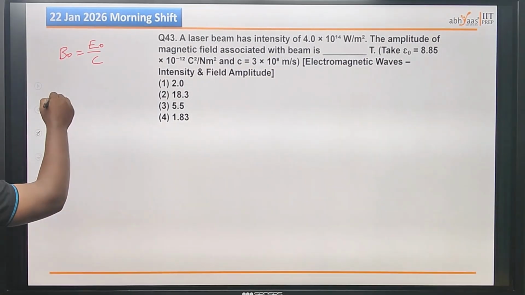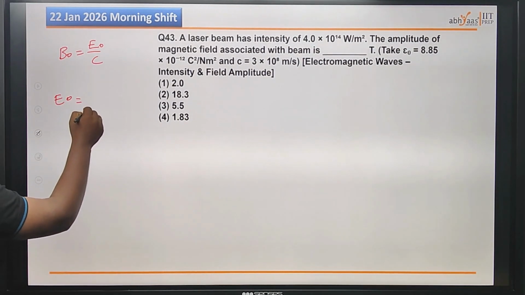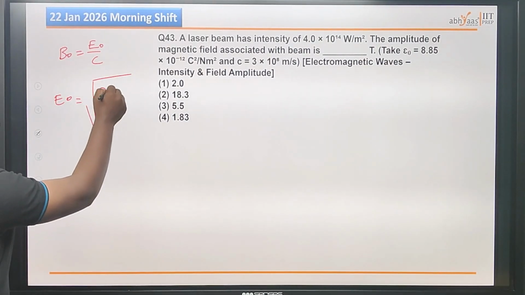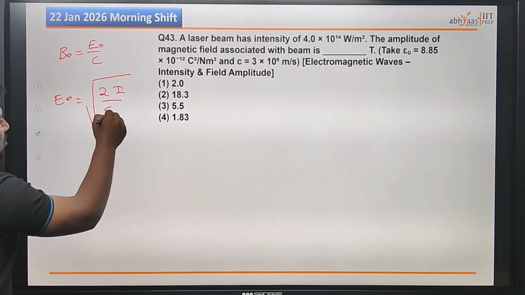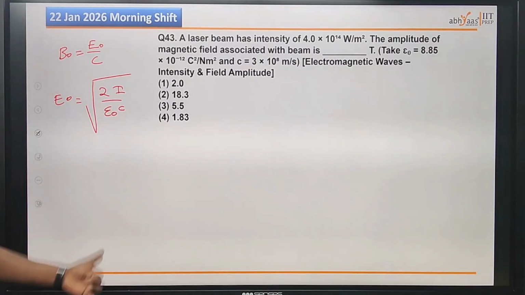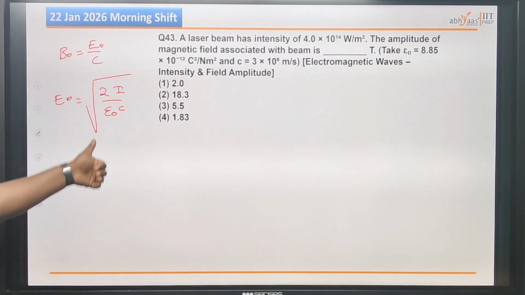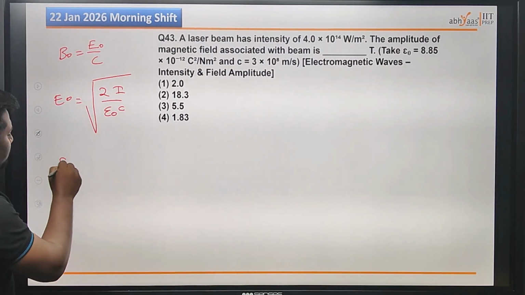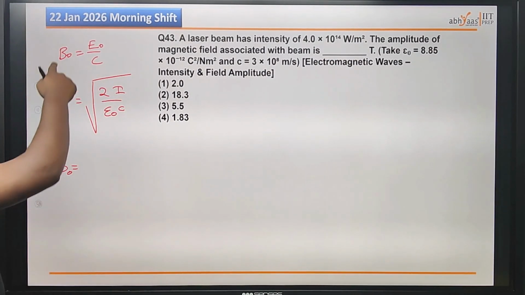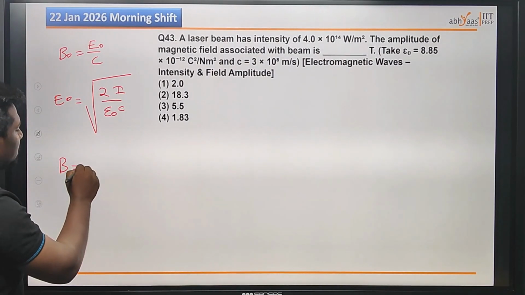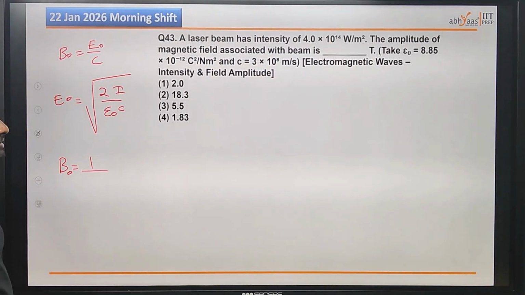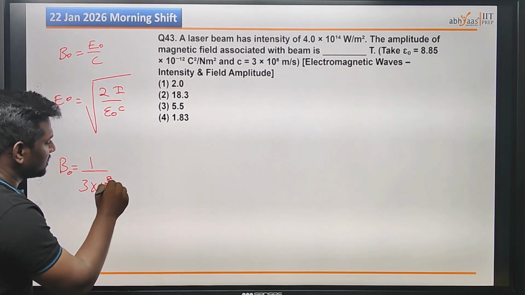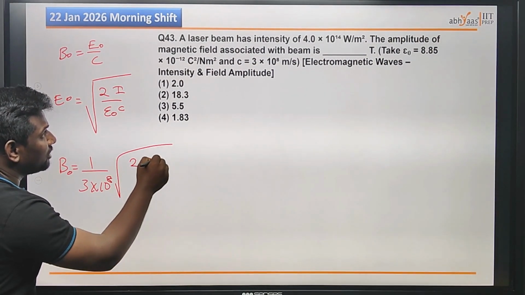So E naught can be written as, in case of intensities, 2I by epsilon naught into C. What is C? Velocity of light, and epsilon naught they have given the value. So if you see here, B naught equal to E naught by C, that is nothing but 1 by C into the square root of 2I by epsilon naught C. What is the value of C? That is 3 into 10 to the power 8.